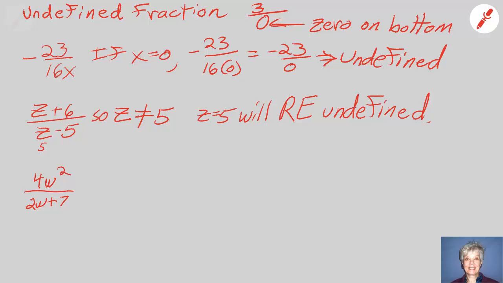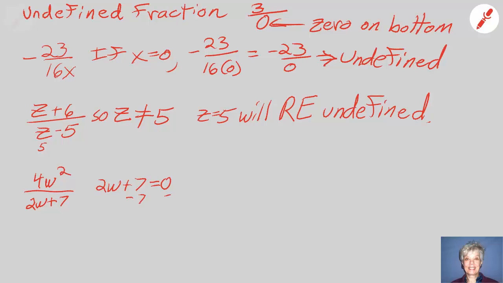What will w equal that will make this rational expression undefined? That is, what's going to make the denominator equal 0? Well, I don't know, so let's find out. 2w plus 7 equals 0. Then whatever answer I have for w is the one that will make the denominator equal 0.